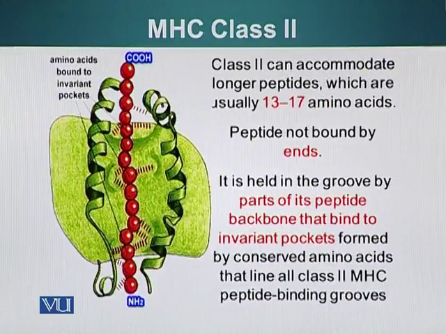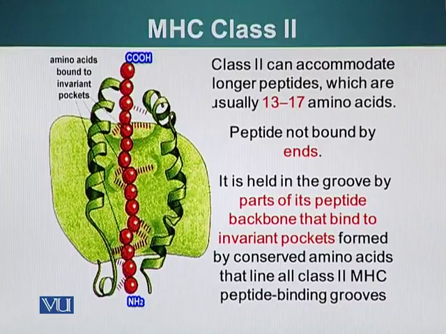MHC class 2 molecules can accommodate longer peptides, which are usually 13 to 17 amino acids long. Peptides, again, in this case, are not bound by the end. However, they are still held in the groove by the invariant pockets which are present on the surface of the MHC molecule.